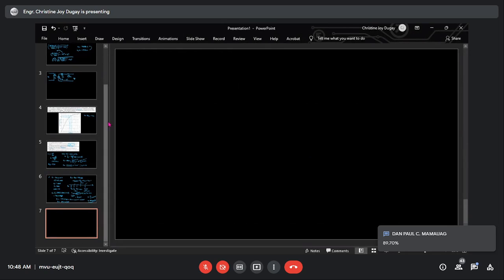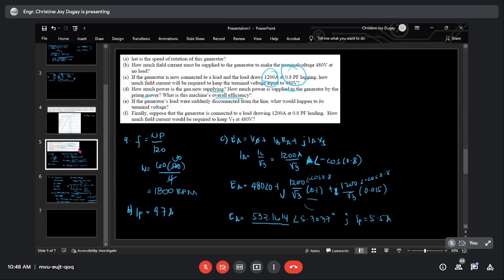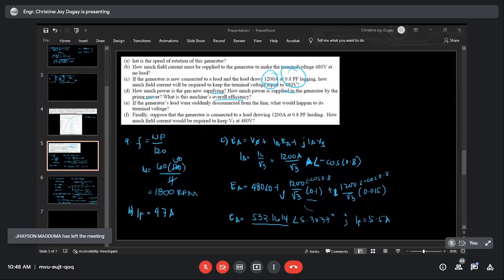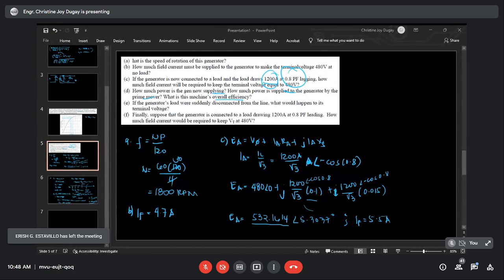Okay, so if none, next question is, if the generator's load were suddenly disconnected from the line, what would happen to its terminal voltage? Ano kaya ang sagot ninyo dito? Sa tingin ninyo, anong mangyayari dyan kapag tinanggal daw po natin yung load na connected dyan, suddenly?